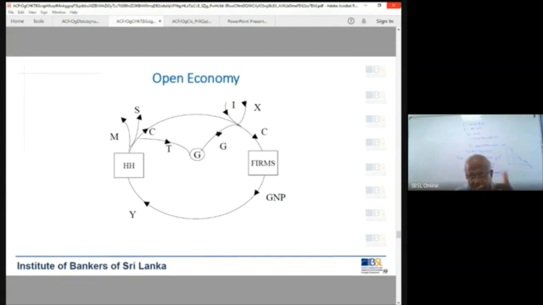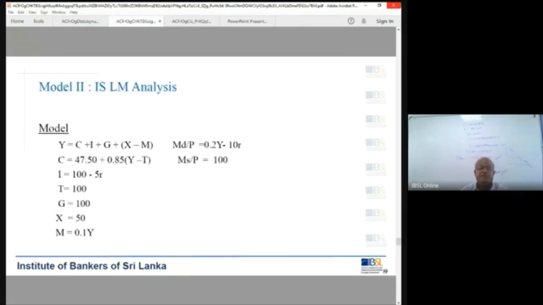Here too the equations are given, and you derive the IS curve, LM curve, equilibrium income and interest rate, then the shifters. The equation on the left is Y, the national income identity: C plus I plus G plus X, exports, minus M, imports.